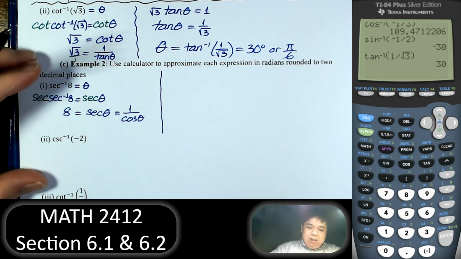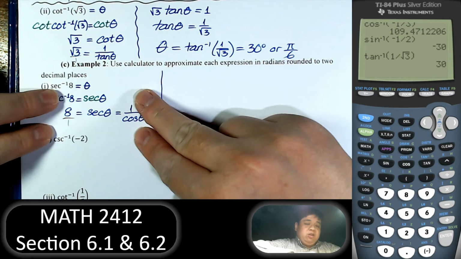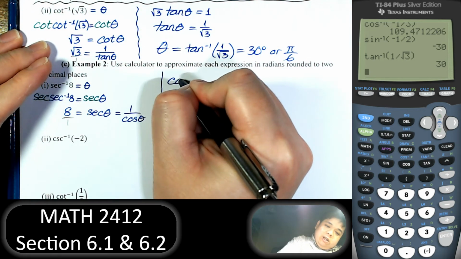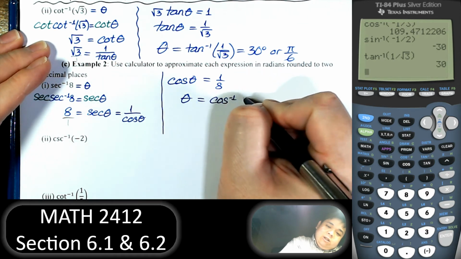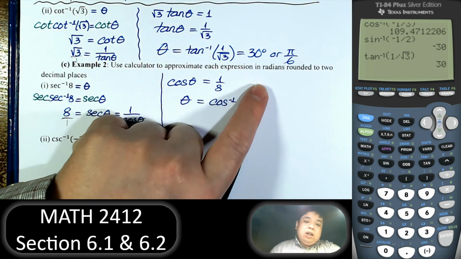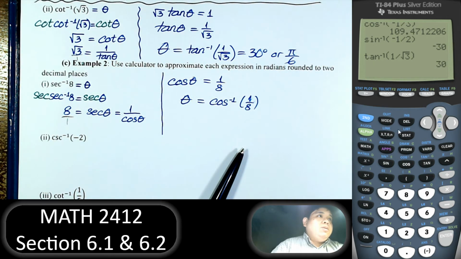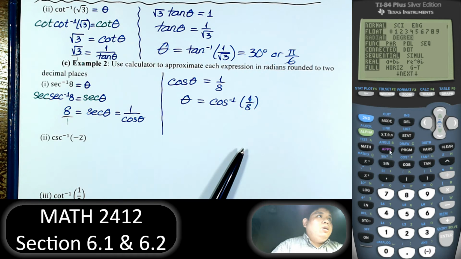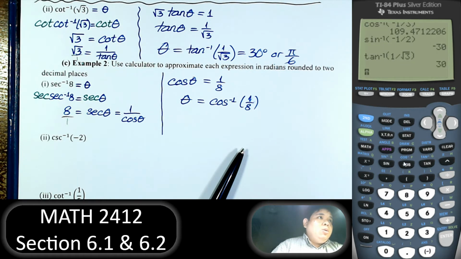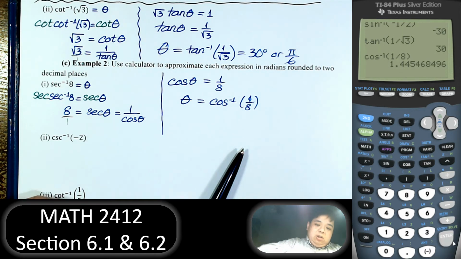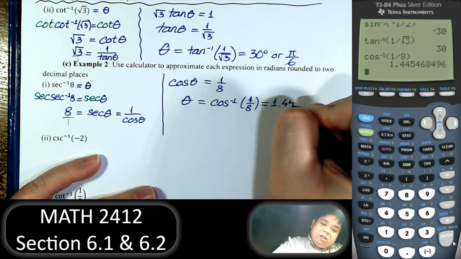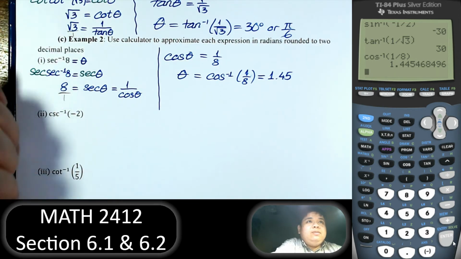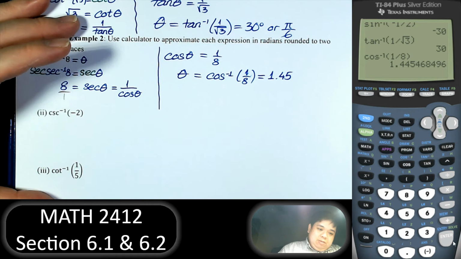So either we cross multiply or we just flip both sides. So cosine theta is equal to 1 over 8. So theta is cosine inverse of 1/8. Now we want it in radians, rounded to 2 decimal places. Cosine inverse of 1 over 8 is 1.45, 2 decimal places in radians.